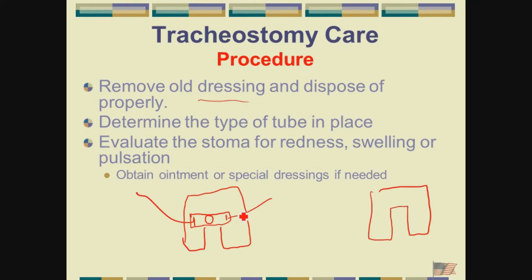We can verify the type of tube in place because that's written right on the tube itself. With the dressing gone, I want to evaluate that stoma and see how it looks. If it's very red or looks like it's swelling, that's where the bacterial ointment, the bacitracin, will come in, placing that on there just to reduce the irritation.